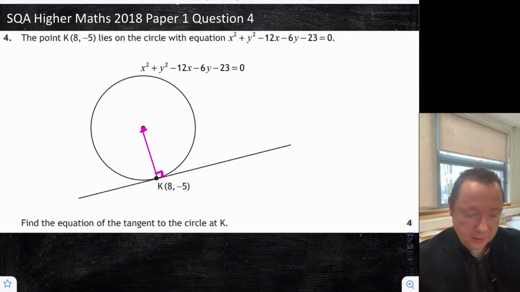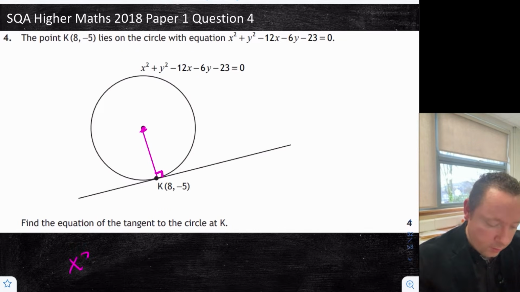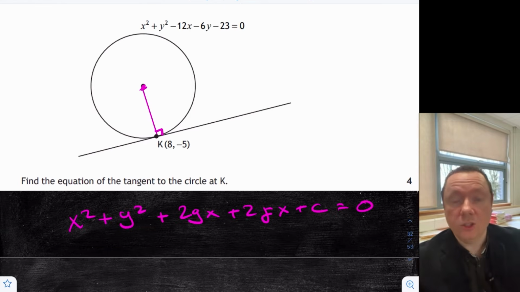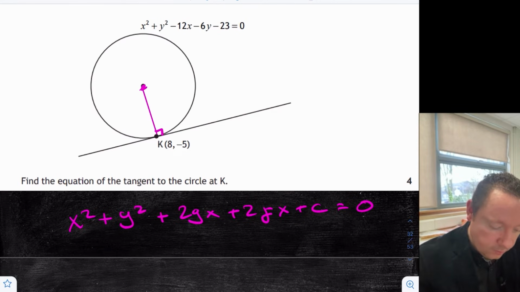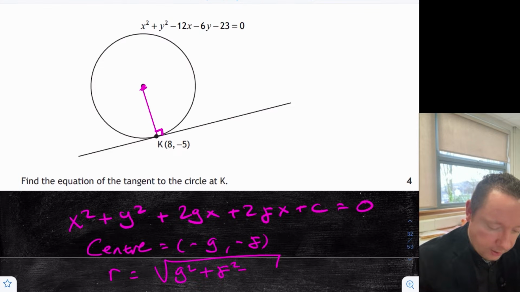So from the start of the exam paper, we are told that x squared plus y squared plus 2gx plus 2fy plus c equals 0 is the equation of a circle, where the centre is equal to (minus g, minus f), and the radius is equal to the square root of g squared plus f squared minus c.